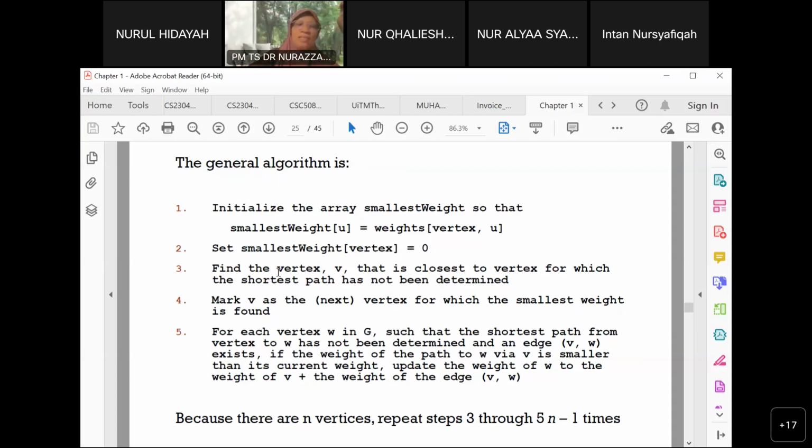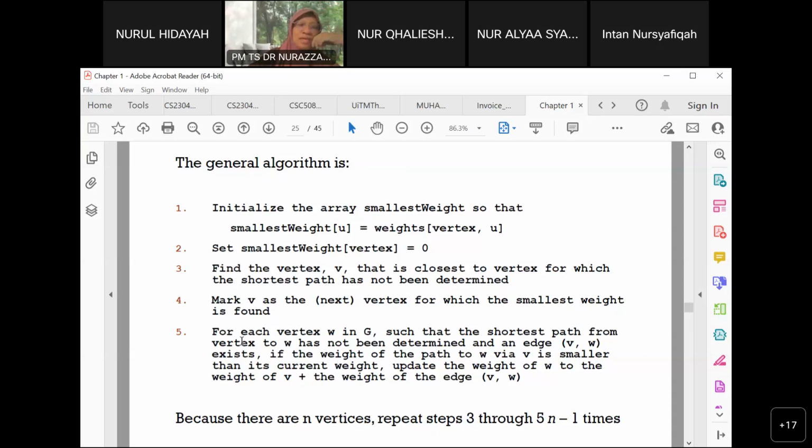Jadi, and then from the representation we can find what is the closest vertex. Okay, that means find sebab the third step ni, step yang ketiga ni, find the vertex V that is closest to vertex for which the shortest path has not been determined. Okay, and then bila kita dah jumpa yang paling closest, yang paling kecil itu, mark V as the next vertex for which the smallest weight is found.